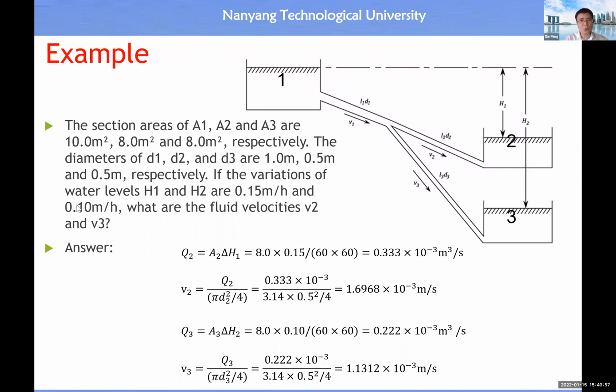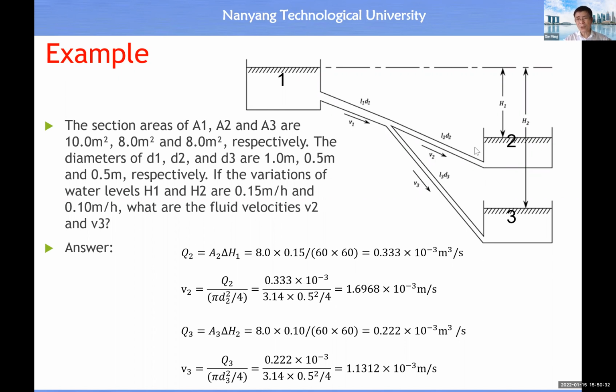Variation of H2 is 0.10 meter per hour, right? And the diameters for pipes 1, 2, 3 are known, so they are 1.0, 0.5, 0.5, and the sectional areas of tank 1, tank 2, tank 3 are 10 square meters, 8 square meters, 8 square meters, all right? So then we want to know what are the fluid velocities at pipe 2 and pipe 3.